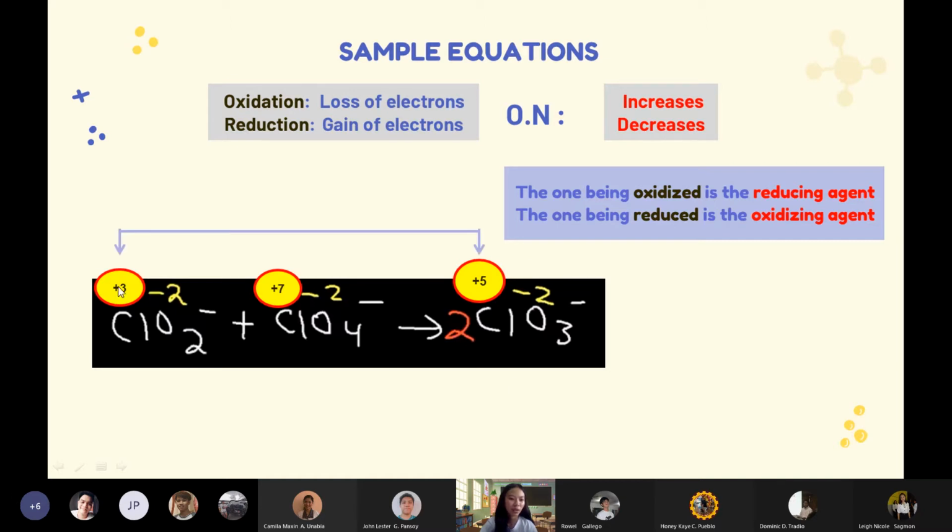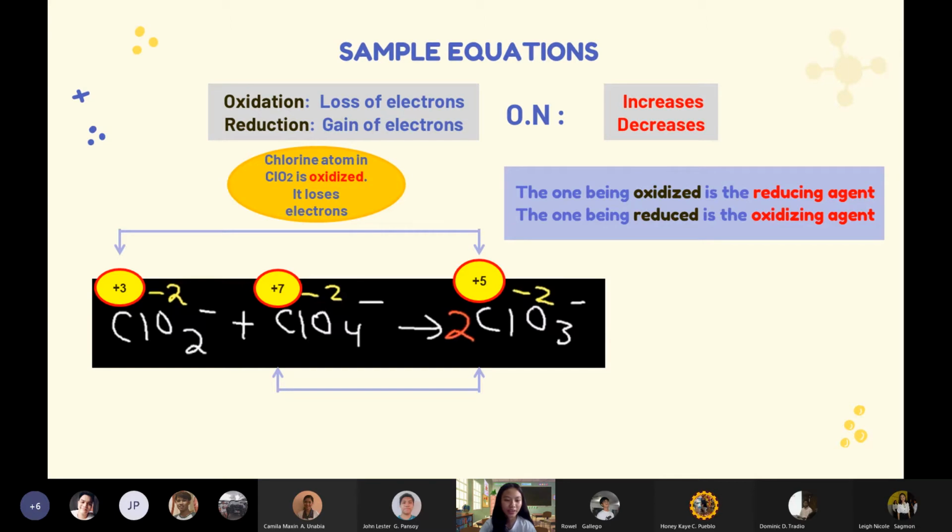As you can see, the chlorine in this one goes from +3 to +5. It increases, so oxidation happens. The chlorine atom in ClO2 is oxidized.